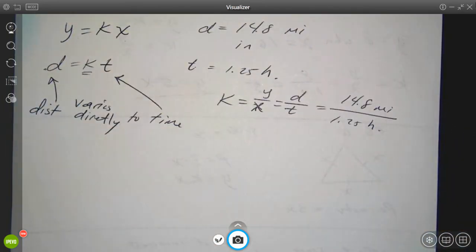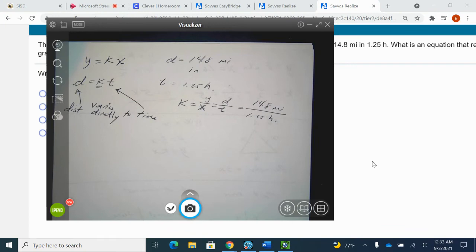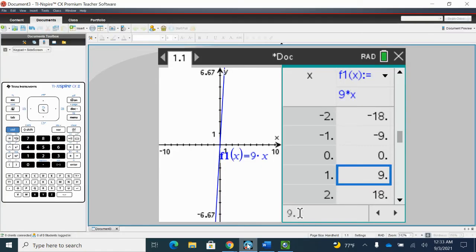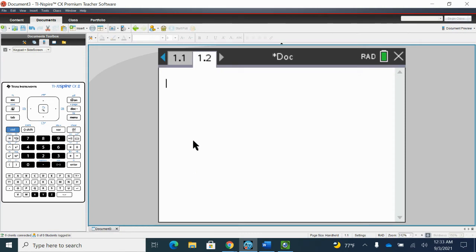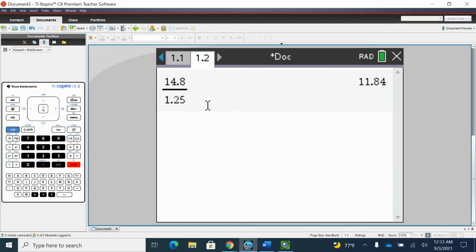Punch this in your calculator. I'm going to get, again, go to this, 14.8 miles divided by 1.25. So I get a constant variation of 11.84 miles per hour, right?